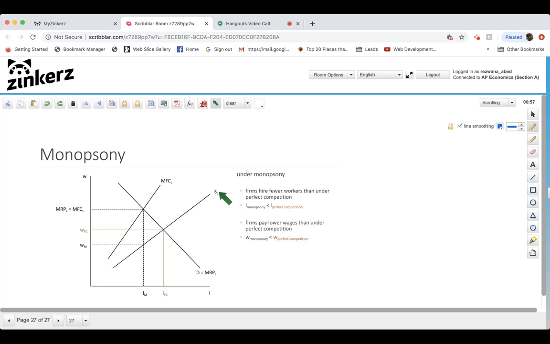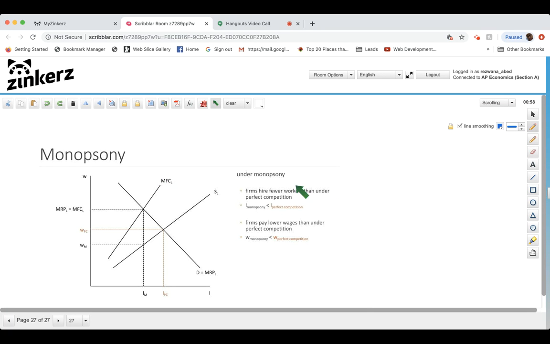The supply of labor, first of all, is not a horizontal line anymore. As we saw in perfect competition, it's an upward sloping line, because you have to increase wage for everybody if you want to hire more workers. And then the marginal factor cost is rising.